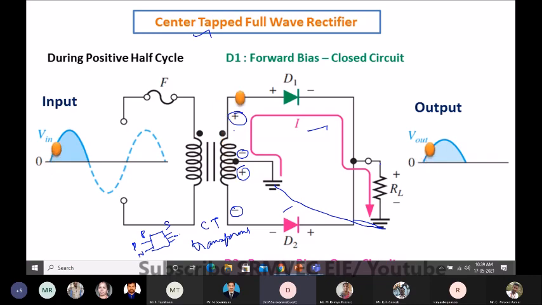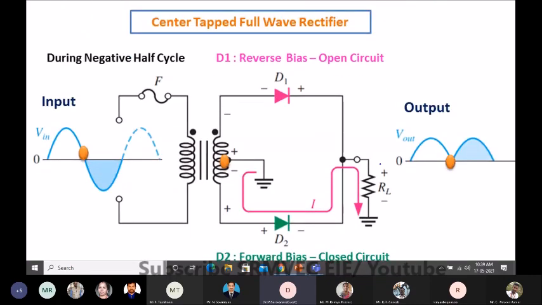In the negative half cycle, it is the opposite. The upper half becomes reverse biased, and the lower half becomes forward biased, and we have the waveform. But the direction of the flow is the same way, so we have the output on the upper side. This is how your center tap full wave rectifier works, that is the complete waveform, both positive half and negative half are rectified. So we have this waveform.